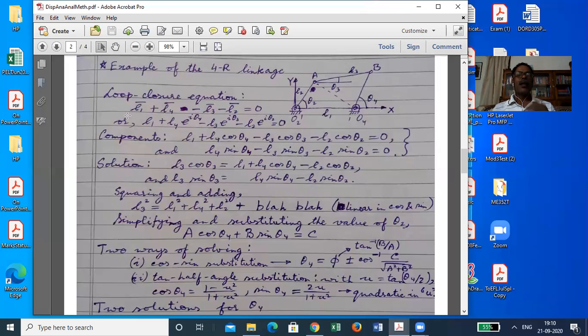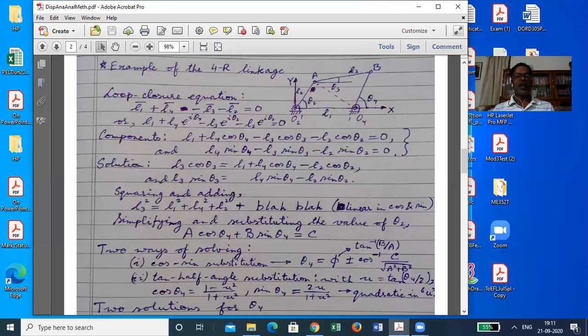And then this vector in complex number notation is written like this. This is not scalar, of course, it is a vector. This is real, completely real, that is, completely in the horizontal direction. Okay. This is L4 times (cos theta 4 plus i sin theta 4).